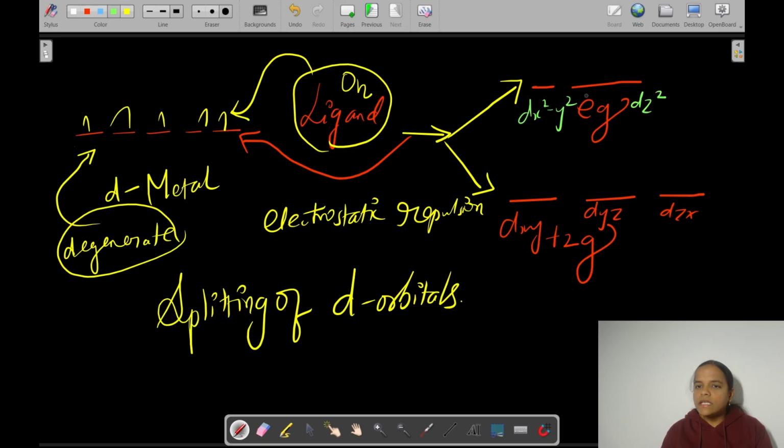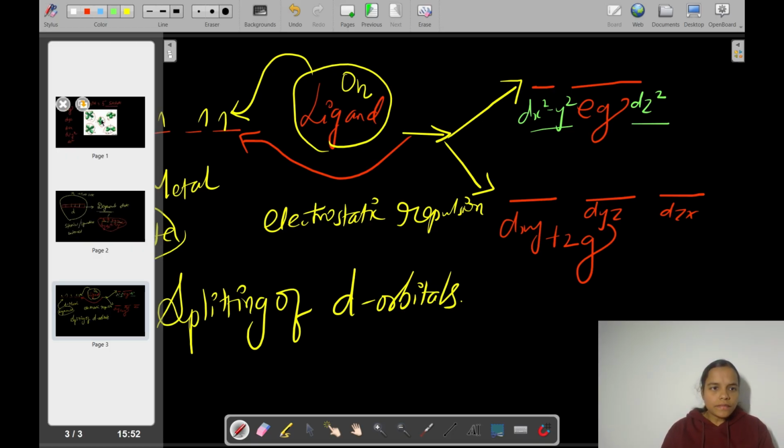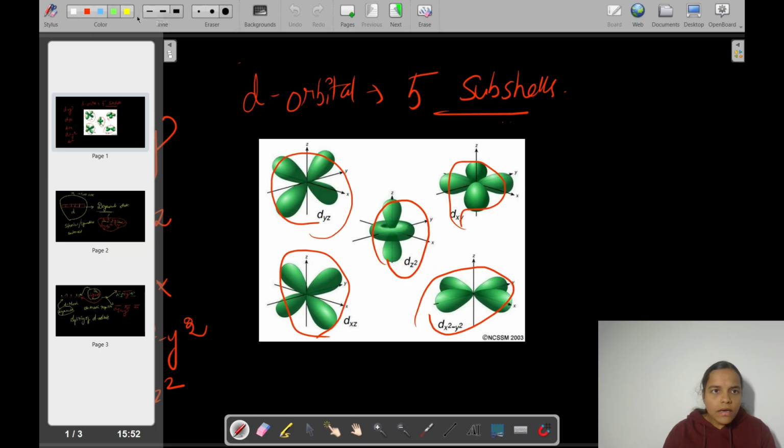The reason for these two doubly degenerate orbitals occupying the higher energy level is that the influence of the ligand on these two orbitals is quite high. The repulsive factor between the electrons of the ligand and these two subshells is pretty high, and that is the reason they end up in the higher energy level. As you can see, in the case of dz square, the electron repulsion happens along the axis.